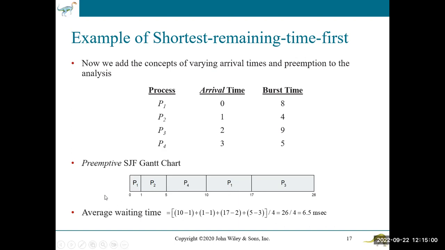Let me research that. I don't want this to confuse folks about what's going on here, but as an example of shortest remaining time first, I don't know that I would try to represent that this way.